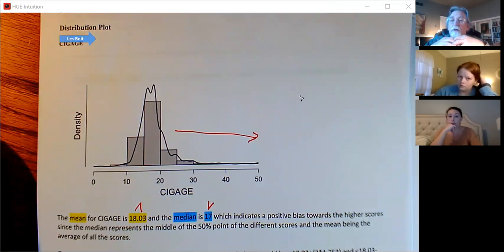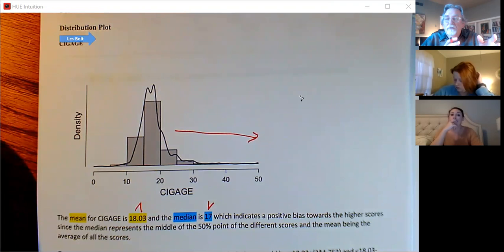If you think about the nature of the age at which people began smoking, if 17 is the median, half above, half below, well, the half below can only be so far below because the age is 17, and the half above can be way above. Literally, in this case, it looks like there are some actual cases of people that didn't begin smoking regularly until their 40s and 50s.